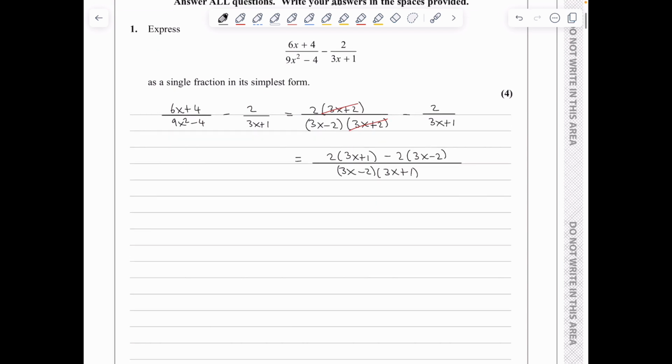I will expand the numerator to get 6x + 2 − 6x + 4, and all of it over (3x − 2)(3x + 1). And we notice that the 6x with the −6x will cancel out, and therefore this leads to 6 over the denominator of (3x − 2)(3x + 1).